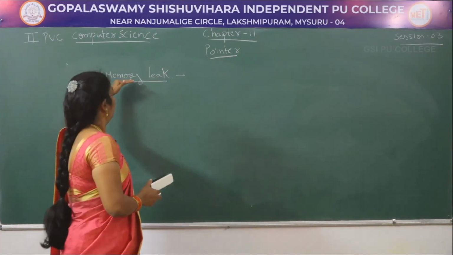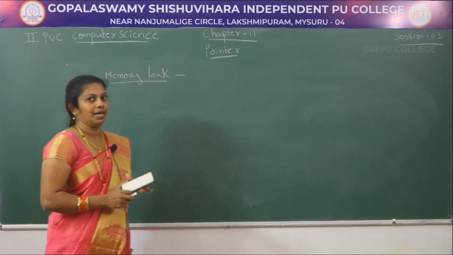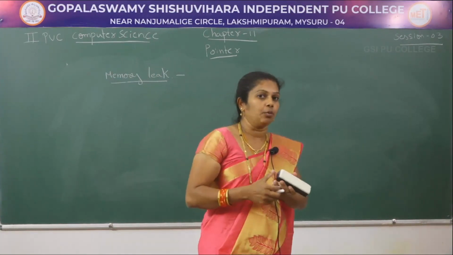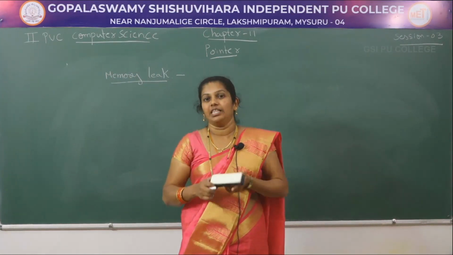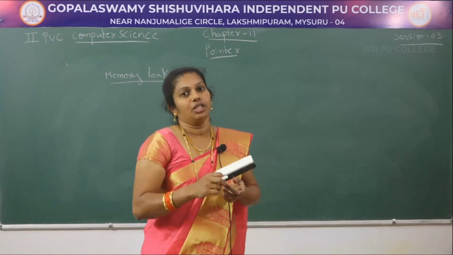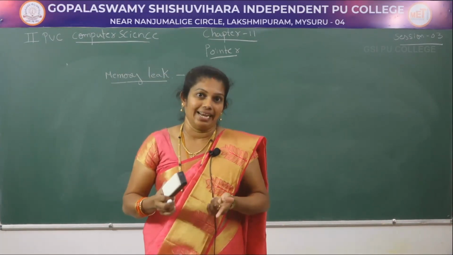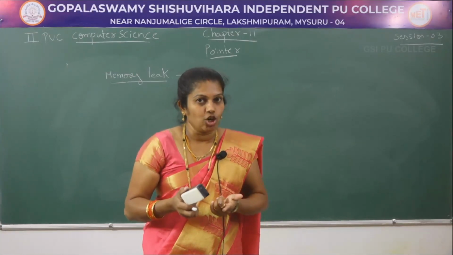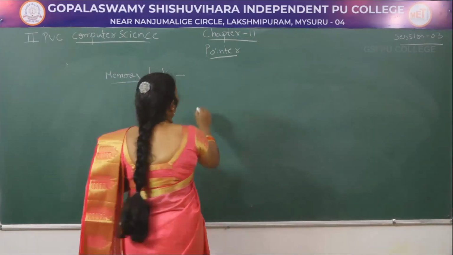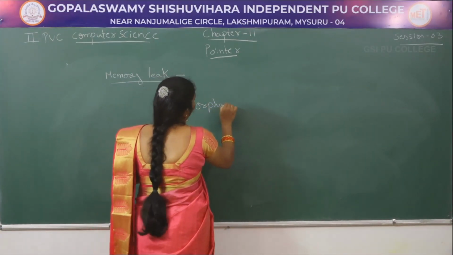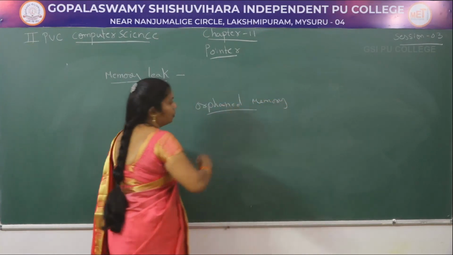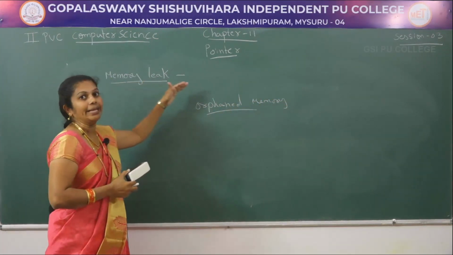Memory leak is nothing but when, by using the new operator, we allocate memory space, especially in dynamic memory allocation. After completing the job, if that memory is not deleted, that space can be called orphaned memory. The collection of orphaned memory is called memory leak.